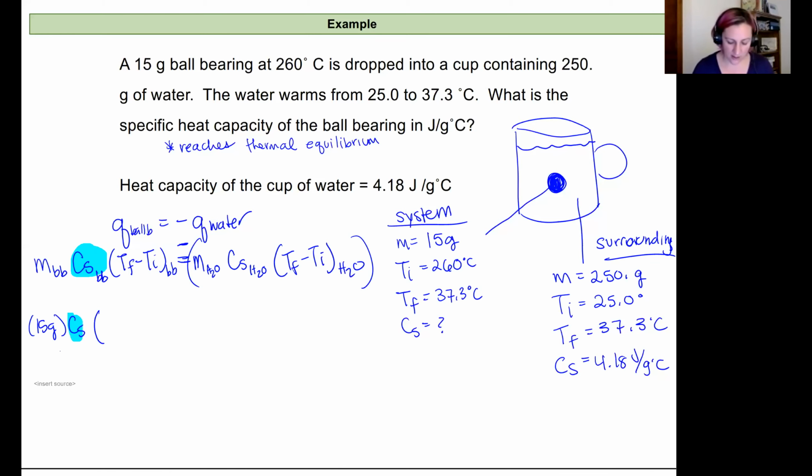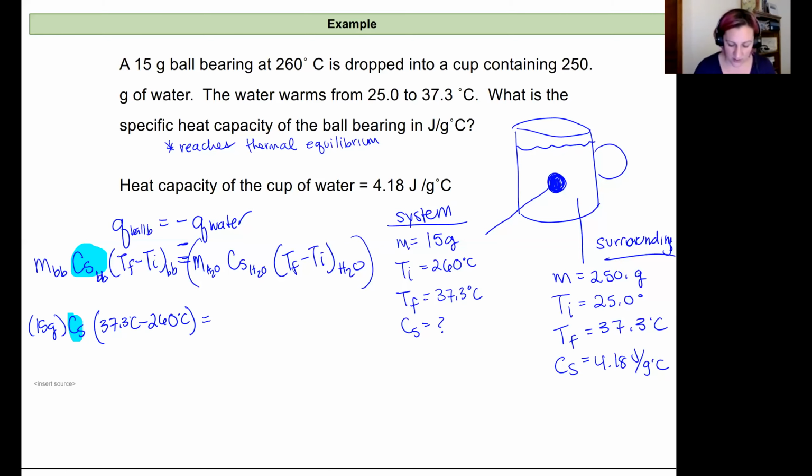Times our temperature, the final one is 37.3 degrees Celsius minus the 260 degrees Celsius. You'd see that we're going to get a negative change in temperature, right? Which is great because that's going to translate to a heat that has a negative value, which means the heat is lost. And it should be lost from the ball bearing. It's hotter, so it's going to spontaneously transfer from the ball bearing to the water.